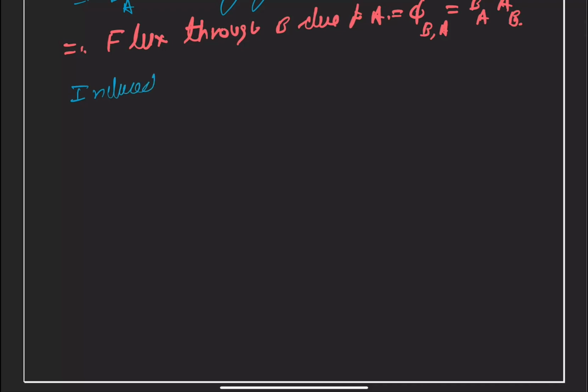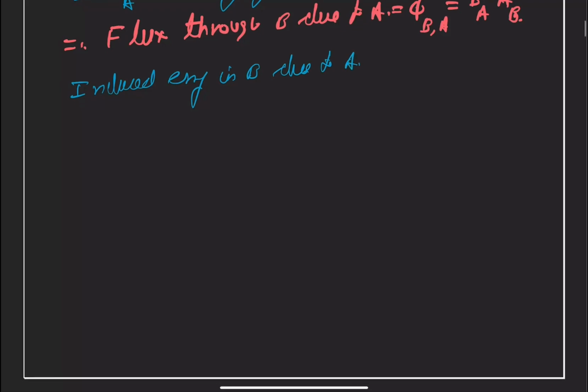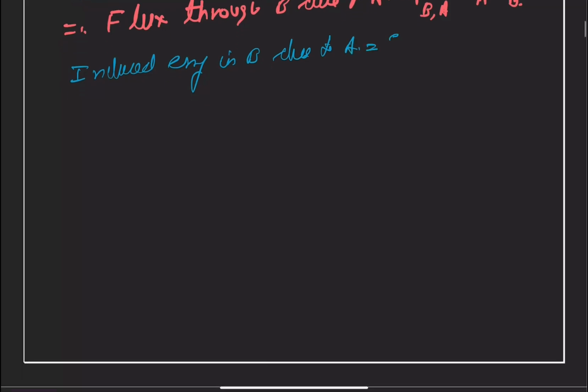You can say induced EMF in B due to A, and we can write E_B,A, which will be equal to minus d phi_B upon dt.